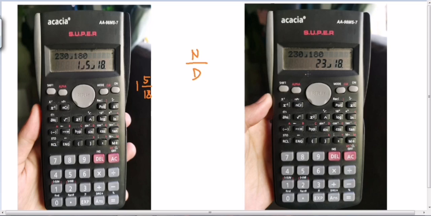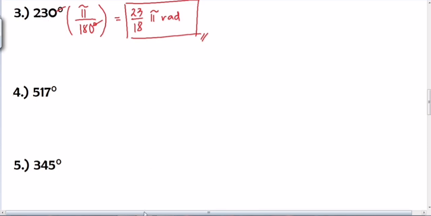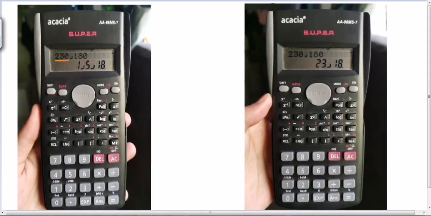Na naka-improper fraction siya. So, ang gagawin ninyo, input nyo pa rin. So, 230, di ba yun yung example natin? 230 over 180. So, kung titignan natin, ayan, 230, pindutin yung ABC dito. And then 180. So, ang lalabas automatic dyan guys ay naka-decimal or naka-mixed number. So, para lumabas yung fraction, palagi nyong isi-shift tapos pindutin nyo yung DC.